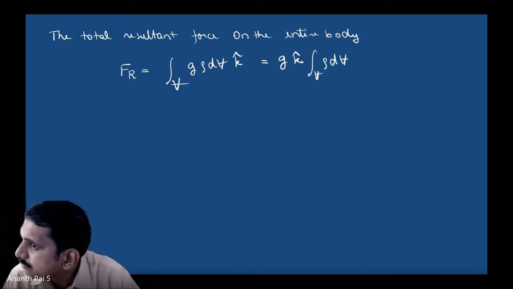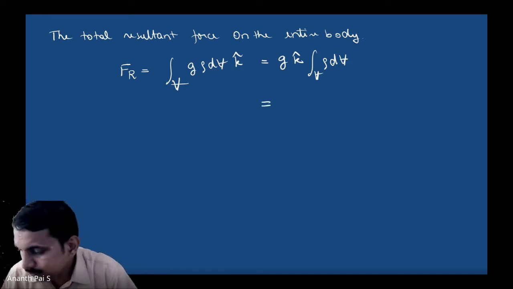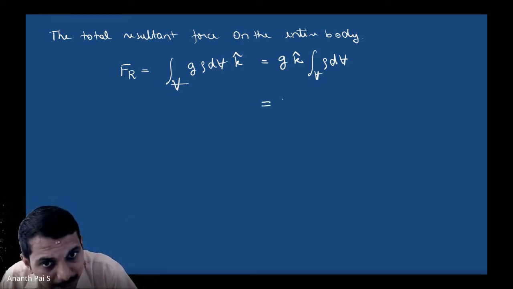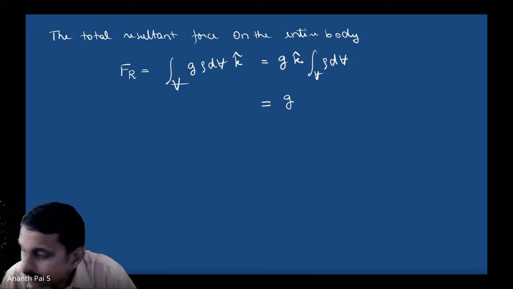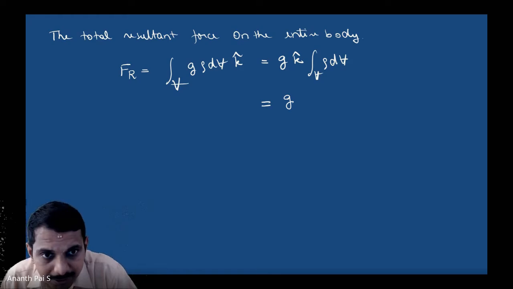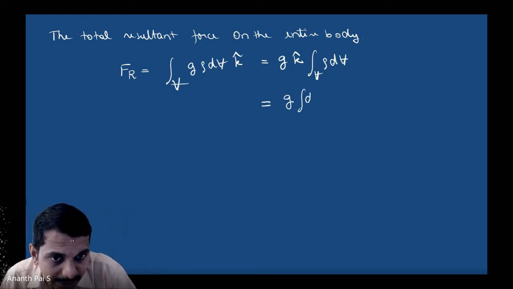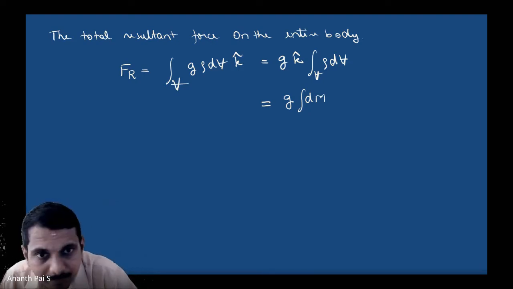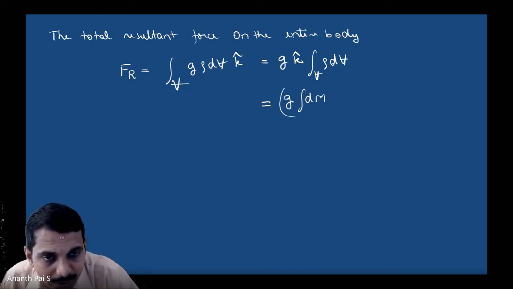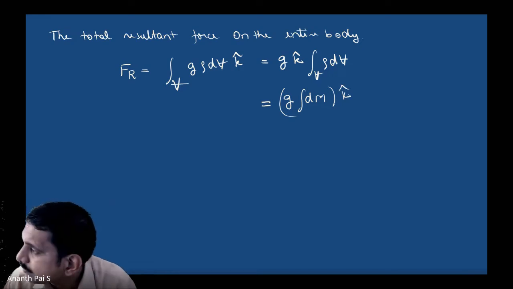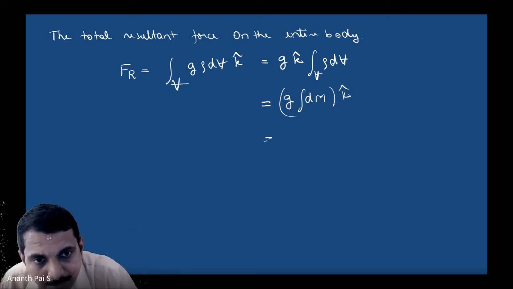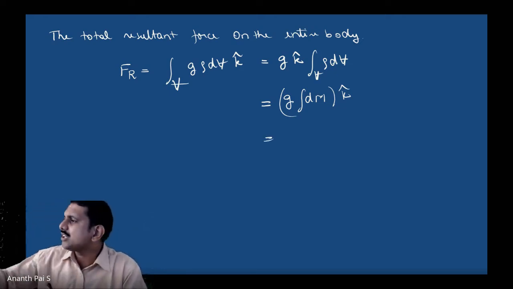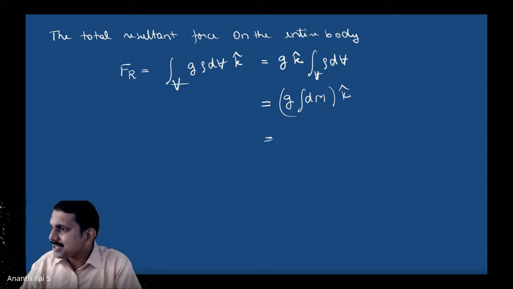This can also be written as G into the integration of dm, where m is mass, into K. Whatever the density changes at every point, the mass remains the same.